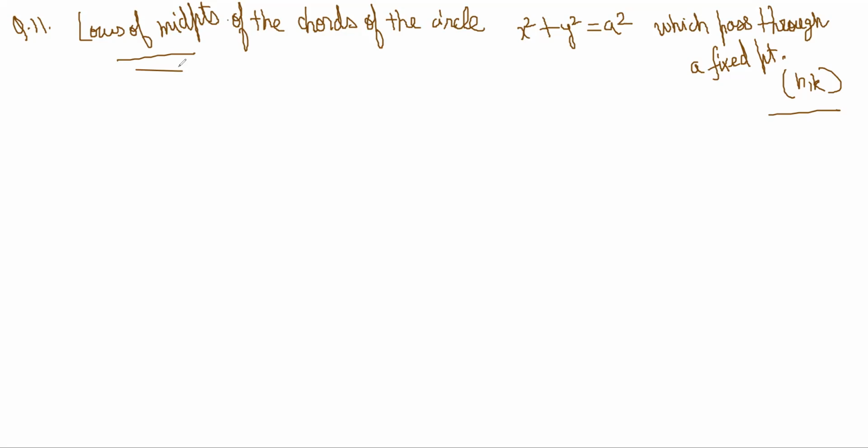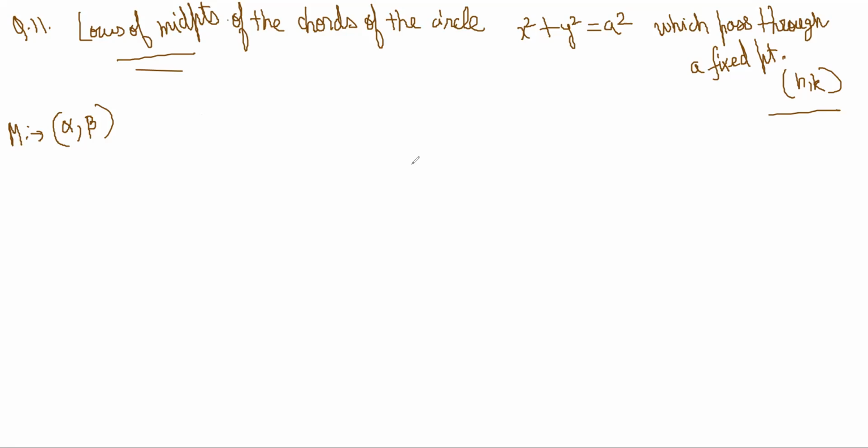What is the approach? What are you guys trying? Again, take the middle point locus that you want. Take it as alpha, beta. In this case, hk is already taken, so this middle point is alpha, beta. Middle points of chords of the circle which pass through a fixed point.